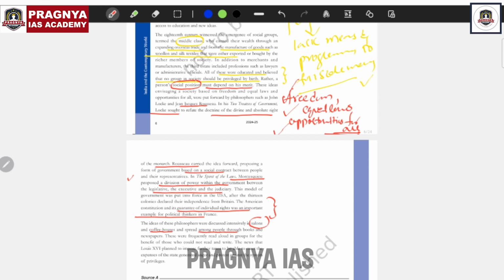Seeing this, Louis XVI planned to impose further taxes to meet the expenses of the state, which generated anger and protest against the system of privileges.